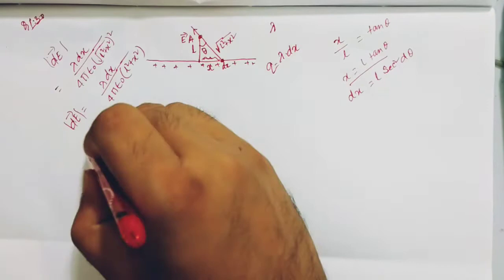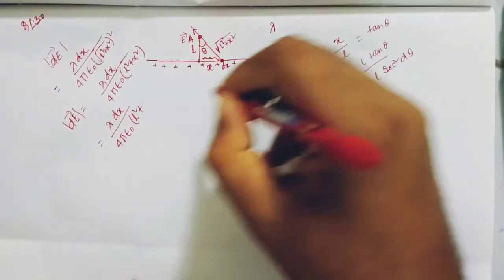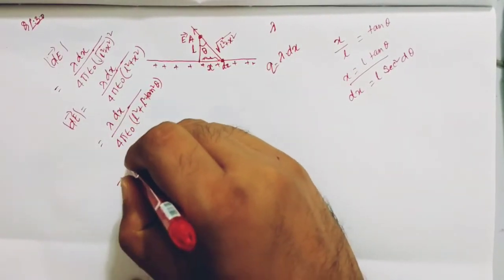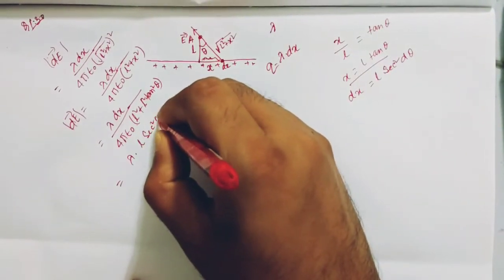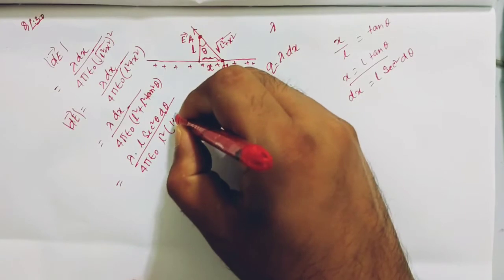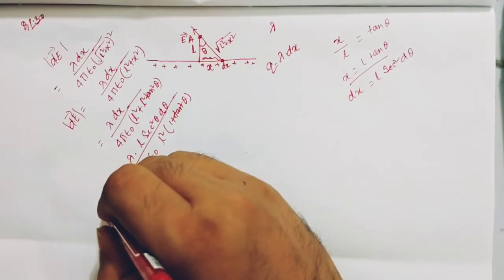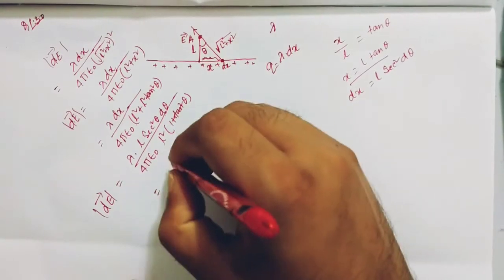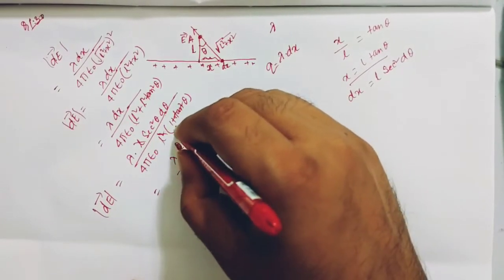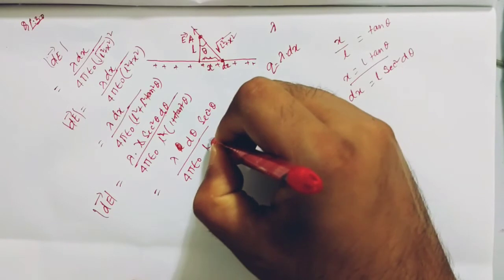So we put this in: lambda dx over 4 pi epsilon naught, and L squared plus x squared is L squared plus L squared tan squared theta. Replacing dx with L sec squared theta d theta, we get lambda L sec squared theta d theta over 4 pi epsilon naught, taking L squared common, times 1 plus tan squared theta, which is sec squared theta.